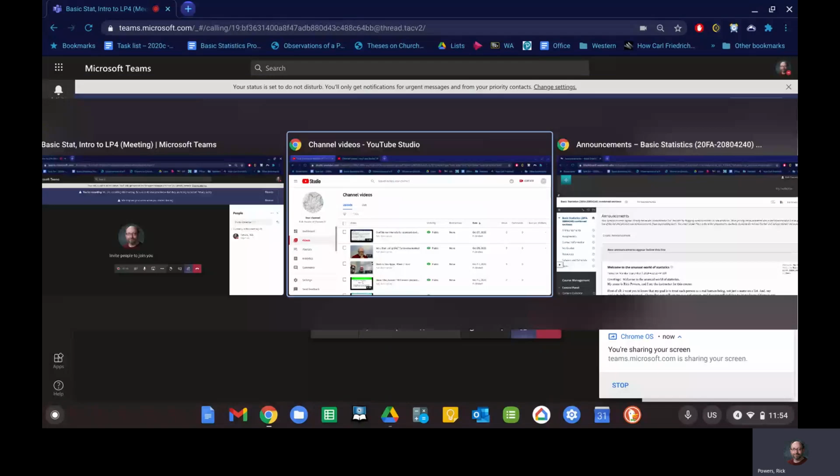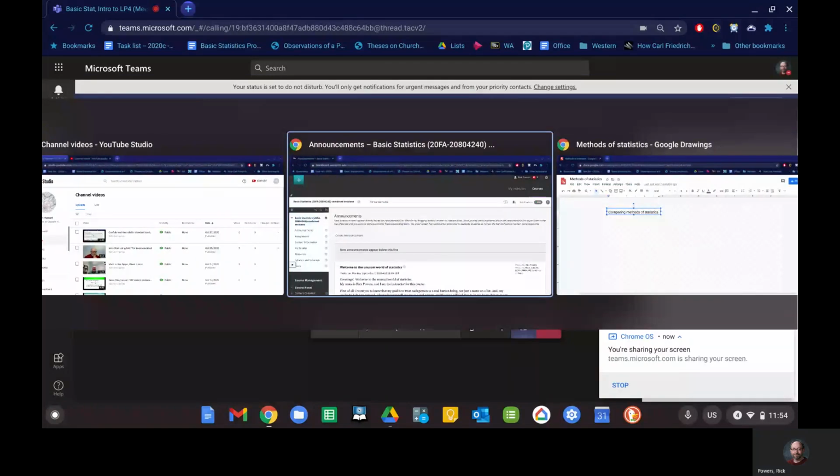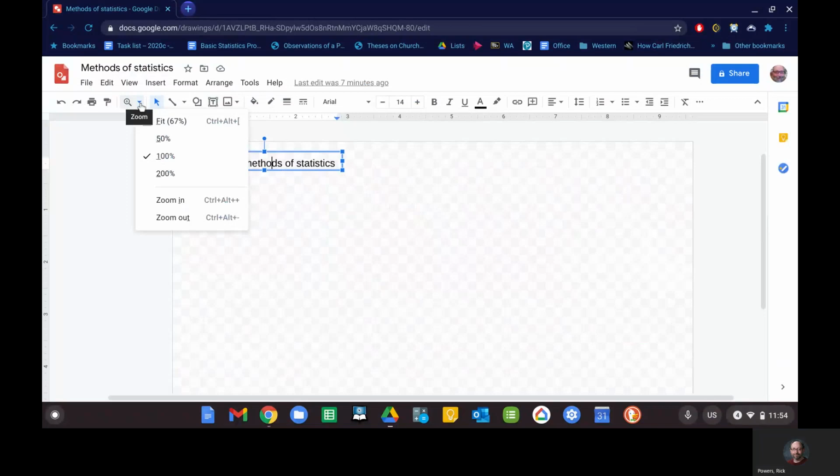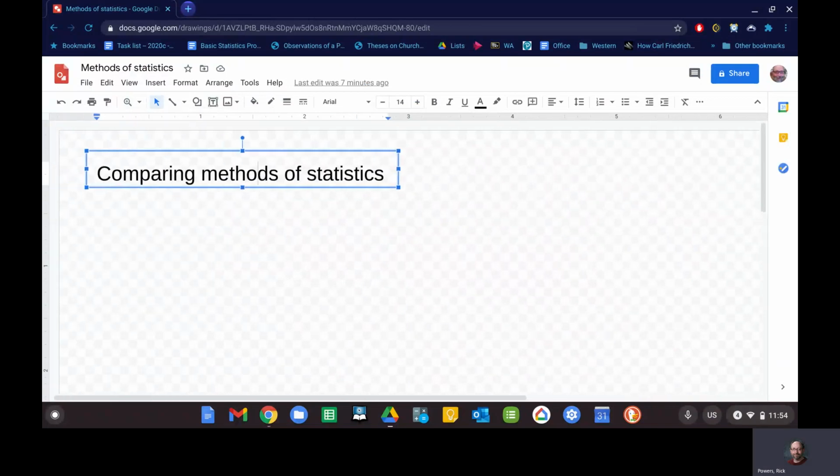All right, so what we're talking about is comparing different methods of statistics. And specifically, we want to understand the purpose of statistics and how it is accomplished by these two different methods.